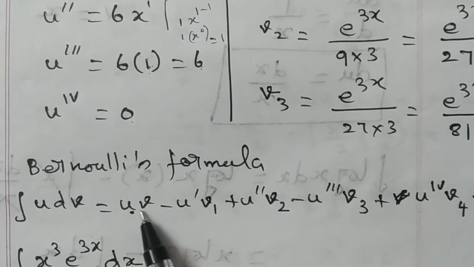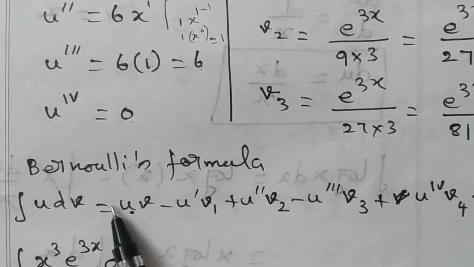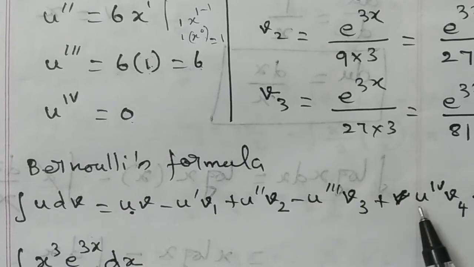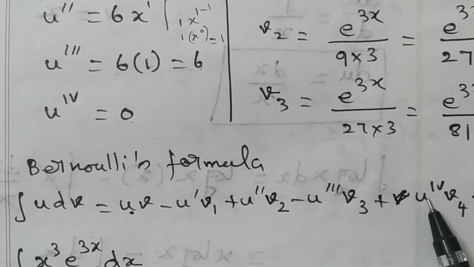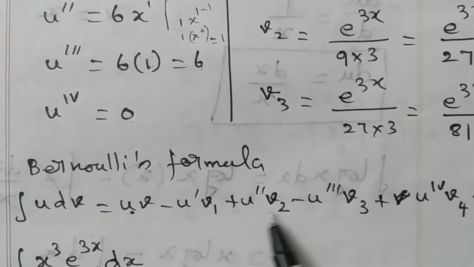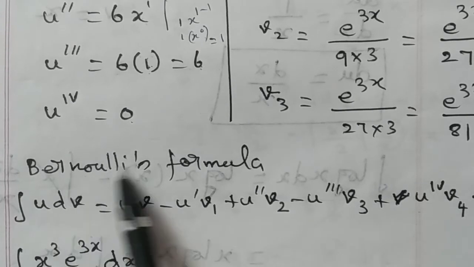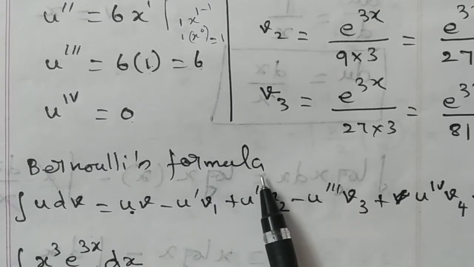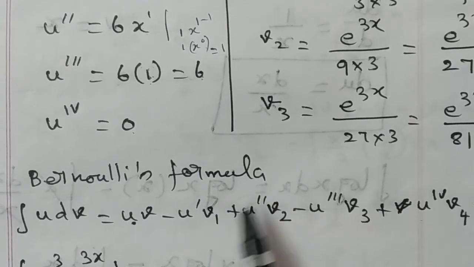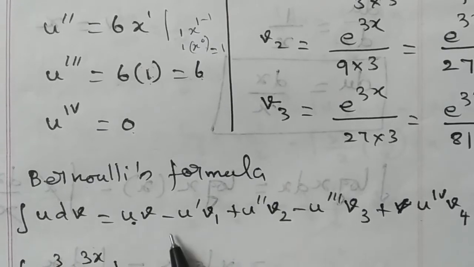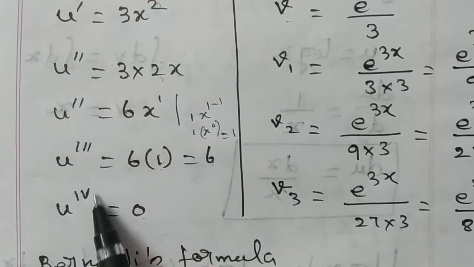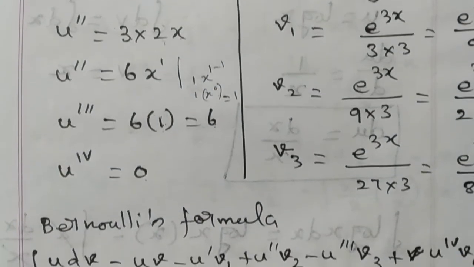Here u v alternately plus, minus, plus, minus, with u dash, u double dash, u triple dash, u4, u5, u6 going on, and v, v1, v2, v3, v4. So we can easily remember Bernoulli's formula. We have already found the values for u, v, u dash v1, u double dash v2. So substitute the values here.